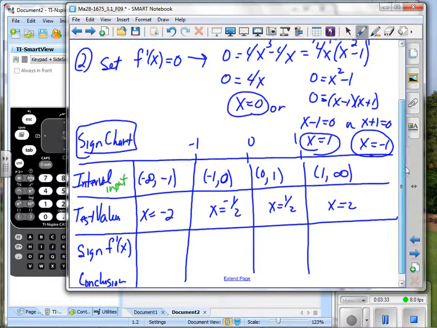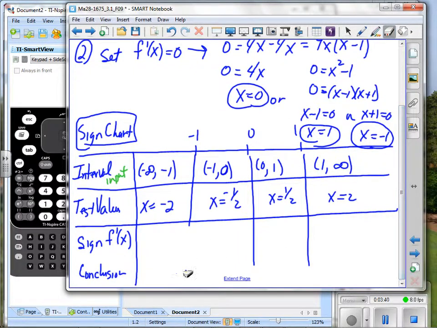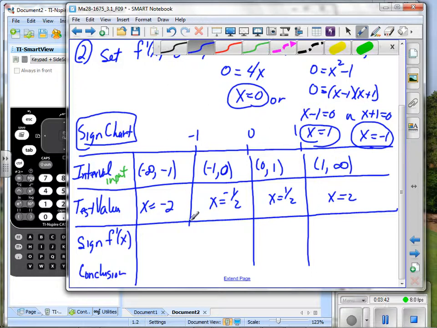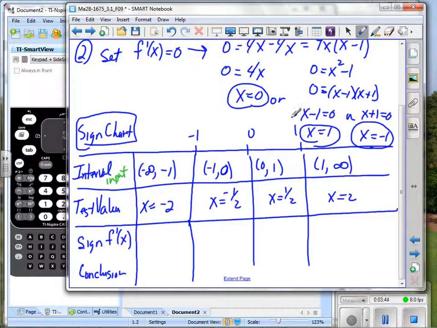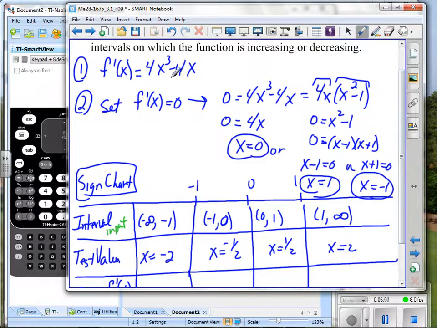What's the sign of our derivative going to be in each of those? Well, what I'm asking is, if I put -2 into my derivative, let's see, where's my derivative? Negative 4x cubed minus 4x. If I put -2 in that, is my derivative going to be positive or negative? That's all I want to know.